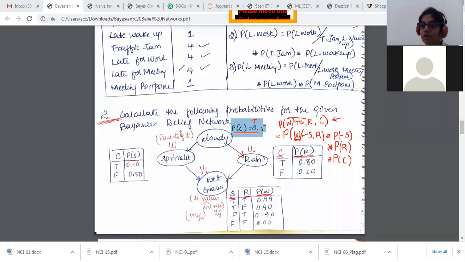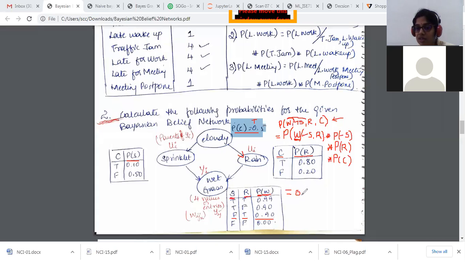Okay, so you have to tell me the answer for this. How do you select the probability value of W with respect to not S and R? What will be the value of it? 0.90. Yes, probability of W where S is false and R is true, so I'll be getting 0.90.